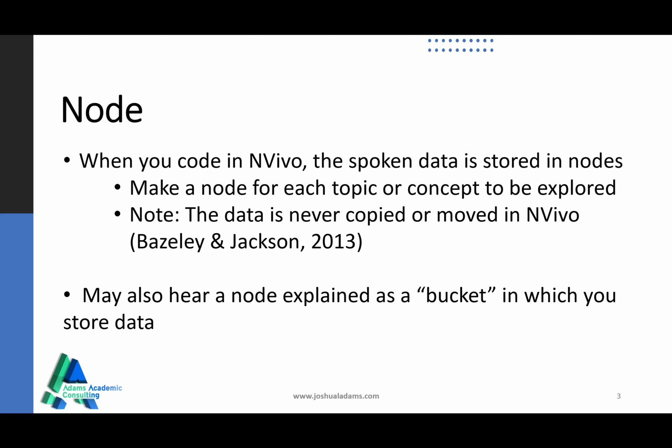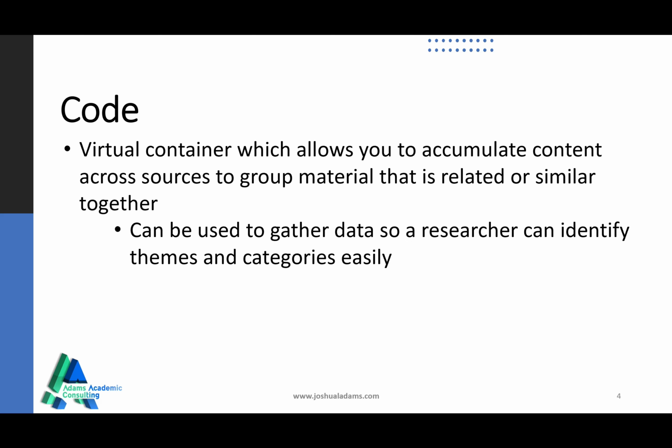The next thing I want to talk about is a code. A very basic skill in NVivo, but very powerful. It's kind of like when a baby starts to crawl. They got to start crawling to get ready to walk. And so you have to know what a code is in order to successfully navigate through NVivo and successfully complete your research project.